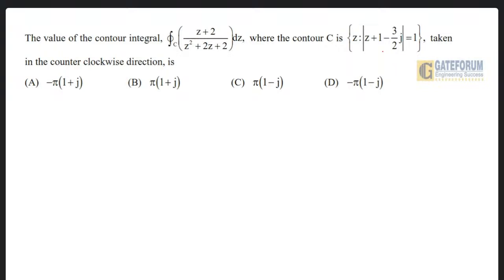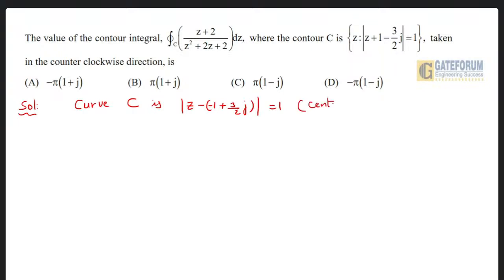Here the curve is a circle having center −1 + (3/2)j and radius 1, comparing with |z − a| = r, where j is the imaginary unit. So the solution: the curve C, that is the curve equation, is |z − (−1 + (3/2)j)| = 1.